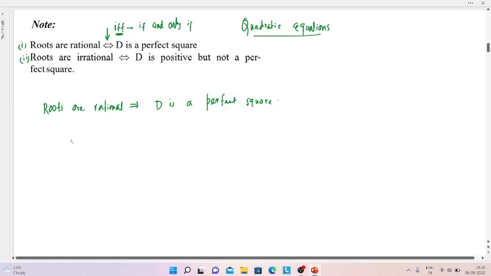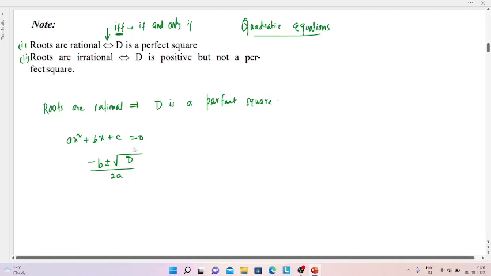We know for the general quadratic equation ax square plus bx plus c equals to 0, the roots will be x equals minus b plus minus root under D by 2a, right? I'm not writing down b square minus 4ac because we know the value of D is nothing but b square minus 4ac, right?